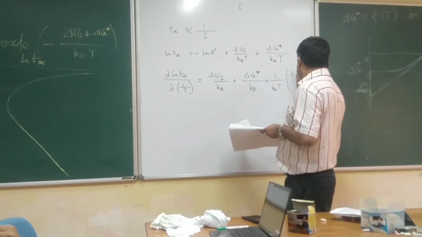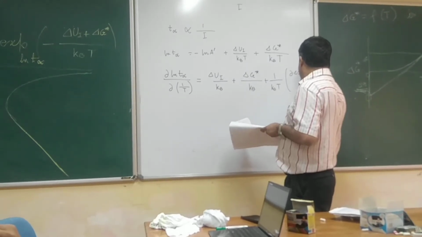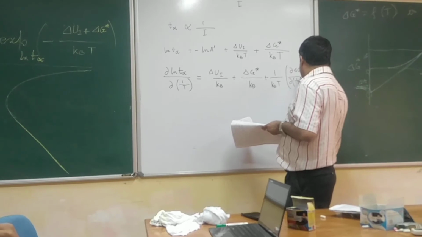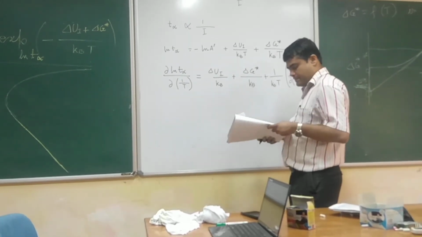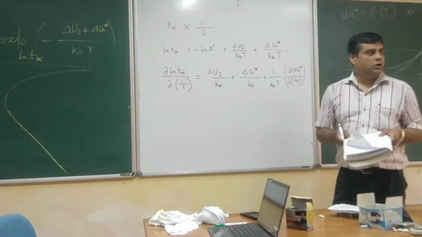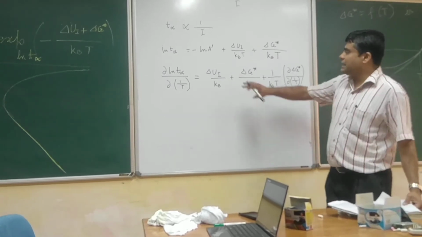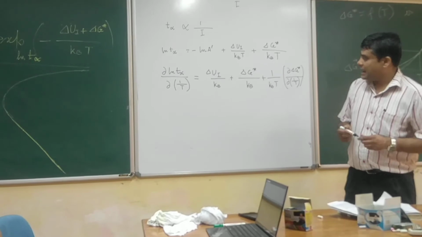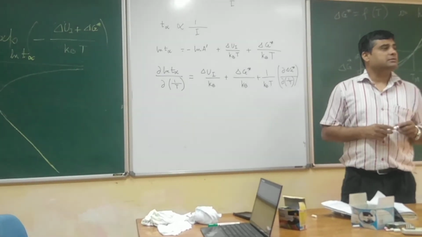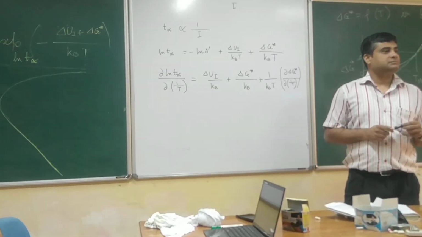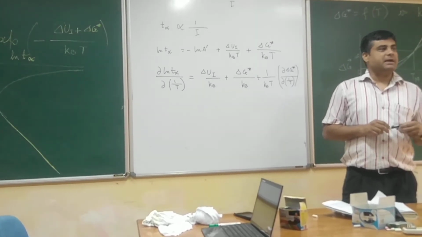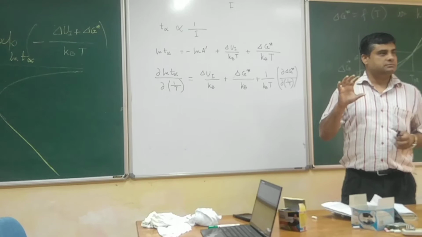Del of del G star by del of 1 by t. Now at very low temperature, your delta ui value is... sorry, at very low temperature, as you go down the temperature, your activation barrier for nucleation comes down.